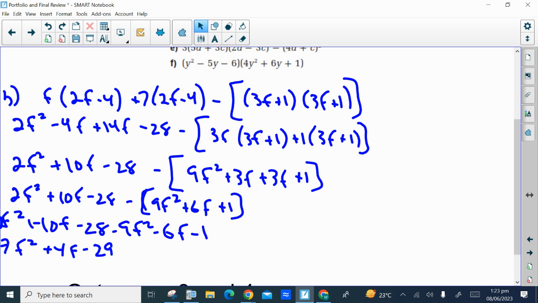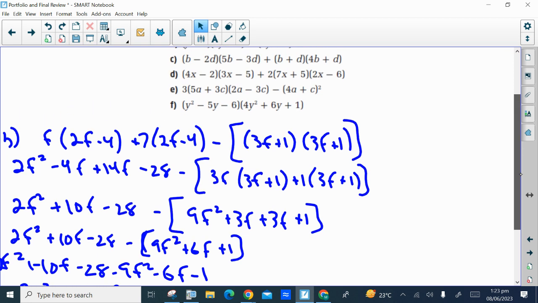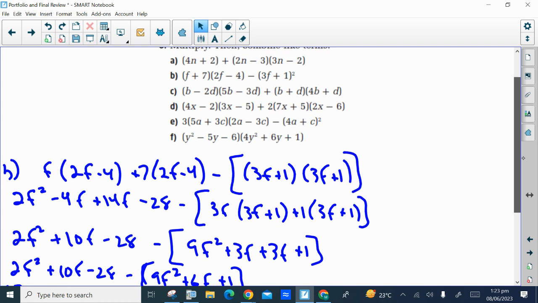Okay, negative 7f squared. I know I kind of maybe took it over a bit too far to the left to see it. There we go. Okay, so that was question B.